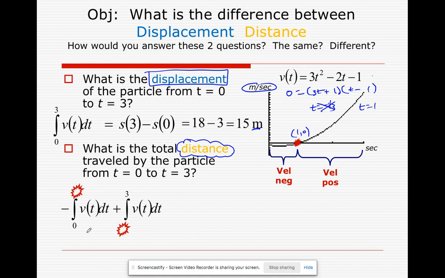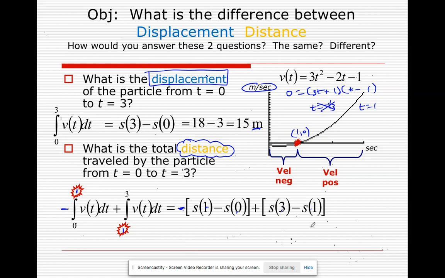So without a calculator, you need to break up the integral using the properties of integrals from 0 to 1 and 1 to 3. And it's like you want true area. So you negate the negative part, right? If I didn't have a calculator, I would take my antiderivative that I had found from displacement, plug in 1, plug in 0, negate it.